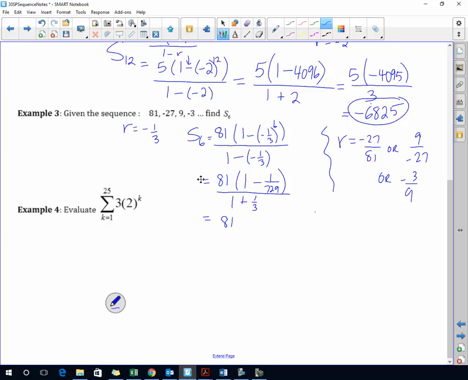So then you get 81 times 728 over 729. And then on the bottom, you should know 1 plus 1/3 is 1 1/3, which is 4/3, or you can use your calculator. It's up to you. So now if you punch this into your calculator, you don't have to worry about a bunch of brackets.